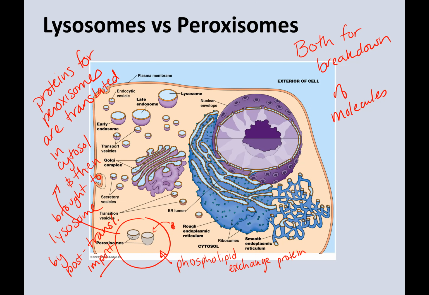And so what happens with peroxisomes is something called biogenesis, where the peroxisome will actually increase in size and then divide in half. And there's a figure in your textbook that shows this. So, just a little FYI, something I think is pretty interesting.